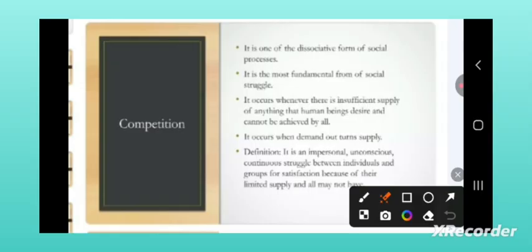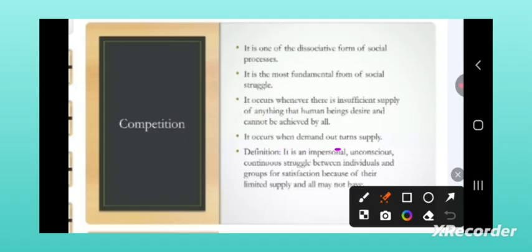Competition. It is one of the dissociative forms of social interaction, meaning it tends to push groups apart or creates rivalry. It is the most fundamental form of social struggle. It occurs whenever there is insufficient supply of anything people desire, so that the goal or reward cannot be achieved by all.